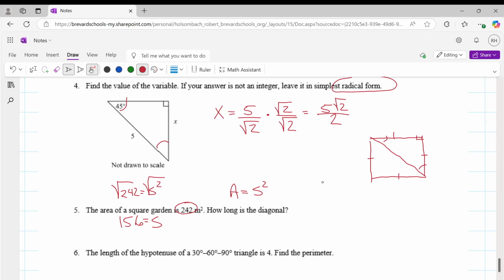So I'm going to go back over to my triangle. This side is 15.6. And we need this diagonal. I'll call it D. So the diagonal is equal to 15.6 times the square root of 2. Which is 22.